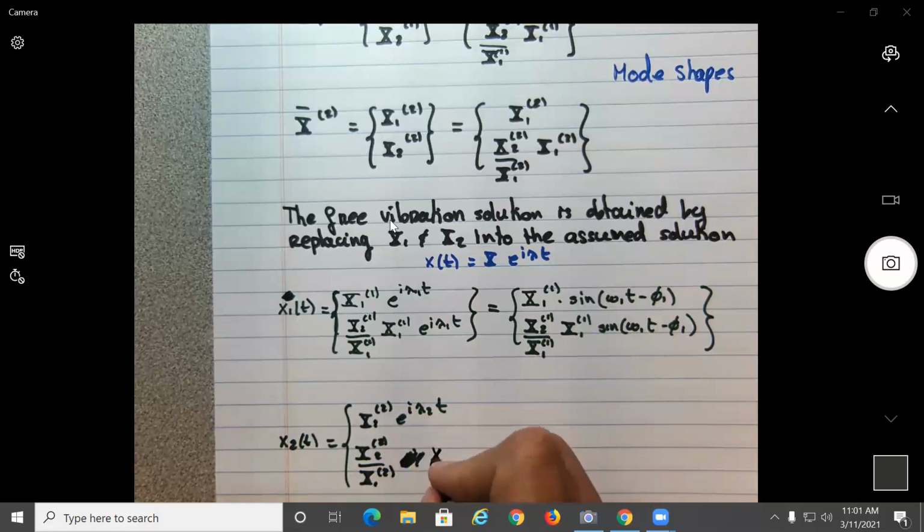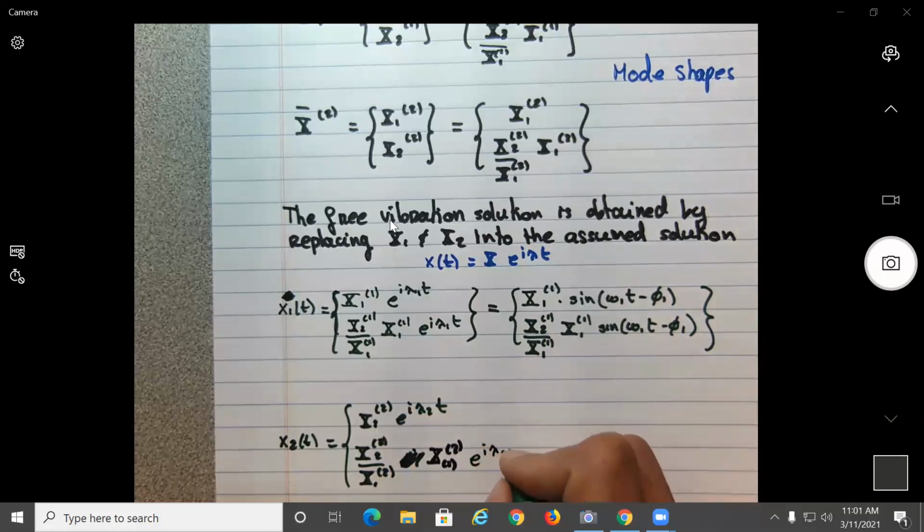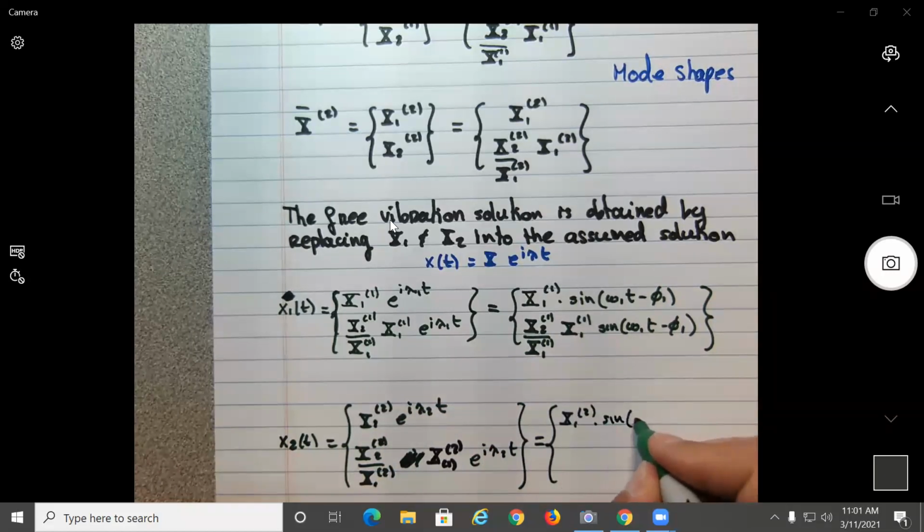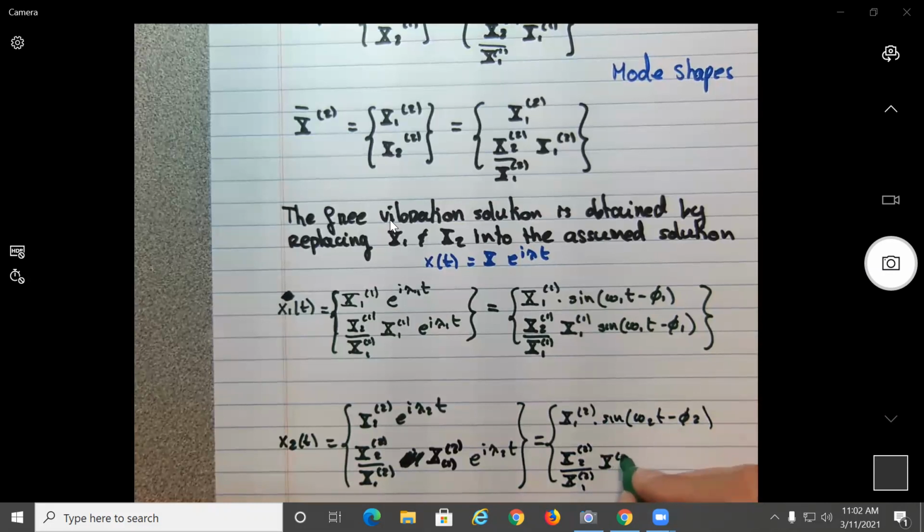It should be x2,1 times e^(i lambda 2 t), and this should just be equal to x1,2 sine omega 2 t minus phi 2, and x2,2 over x1,2 times x1,2 sine of omega 2 t minus phi 2.